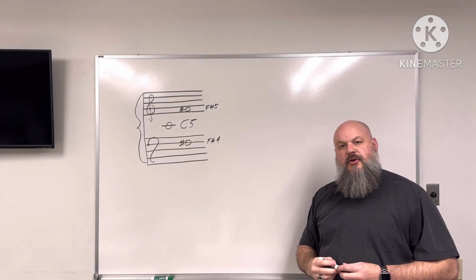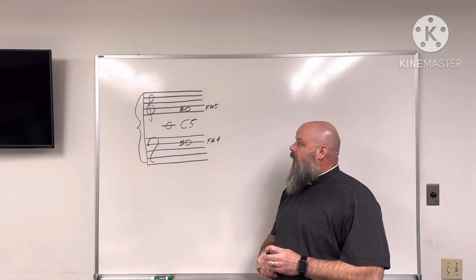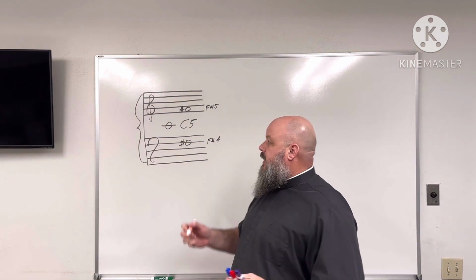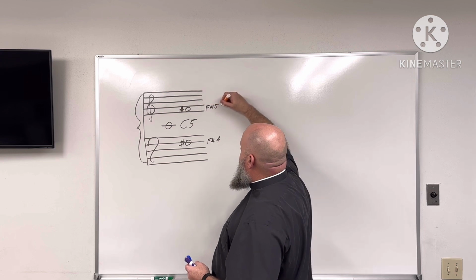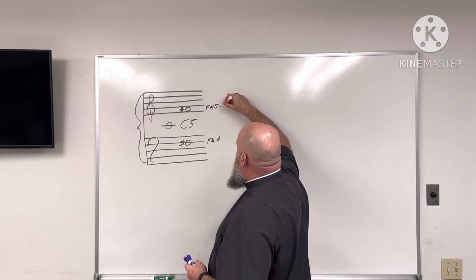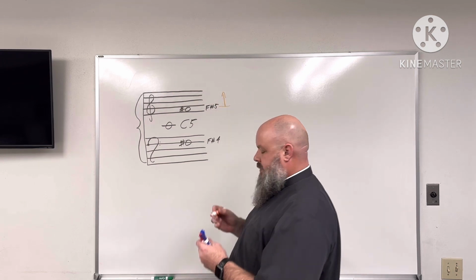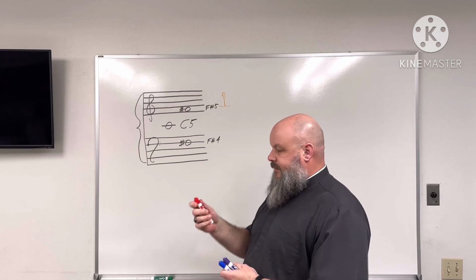F sharp 4 and F sharp 5 identify where our parts are, which means our melody lines ought to be there and above.